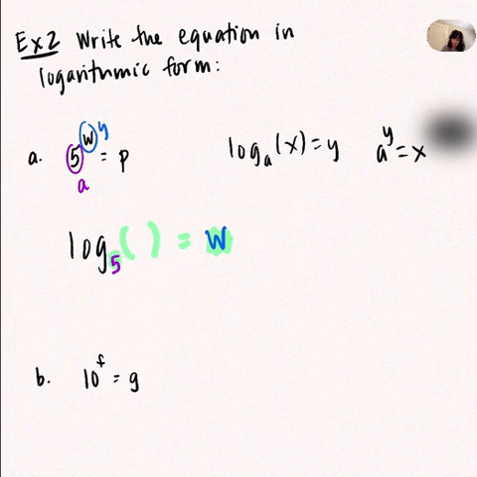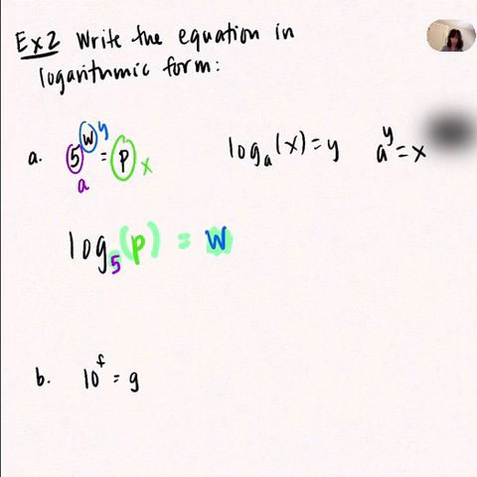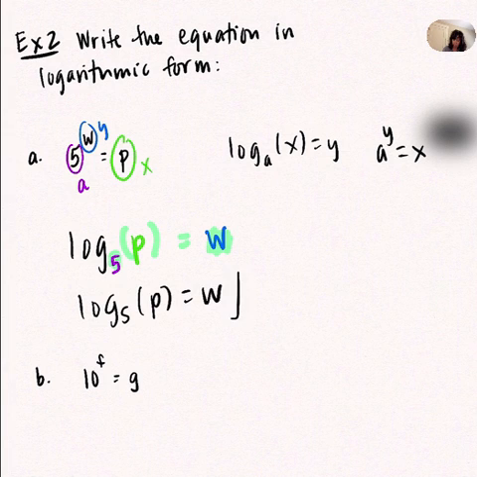And then whatever is on the outside right here, that's our x value, so p is going to go in our x spot. So our logarithmic form of this expression is log base 5 of p equals w.